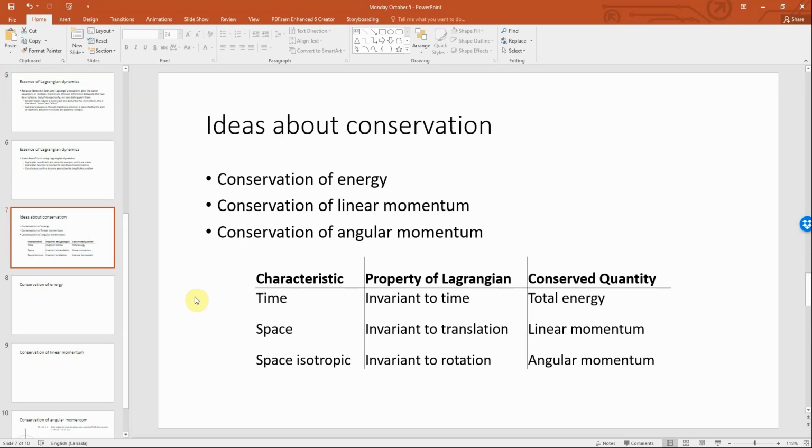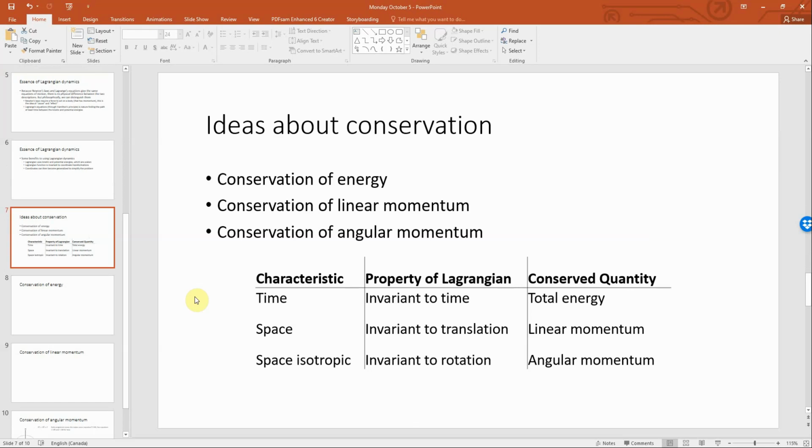It is invariant to translation, and that allows us to have linear momentum conserved. We also have the conservation of angular momentum, and that is when space is isotropic. That means that if you look in any direction, to your front, to your back, to your left, to your right, up or down, or at 45 degrees in any direction, it looks the same. That's called isotropic.